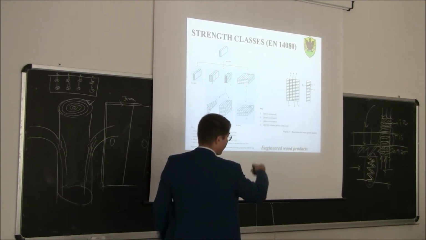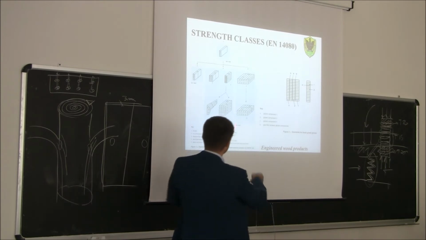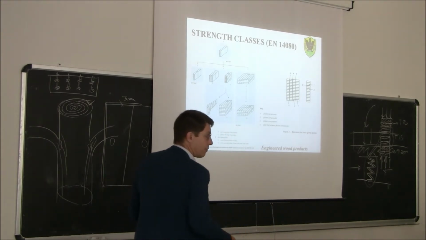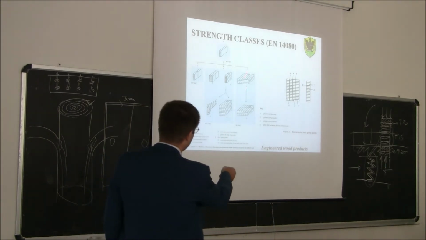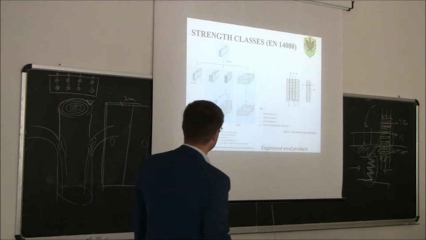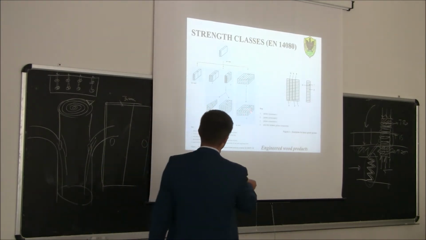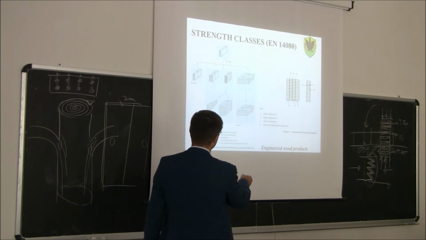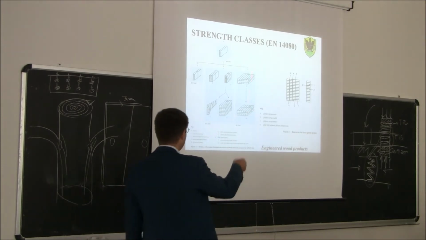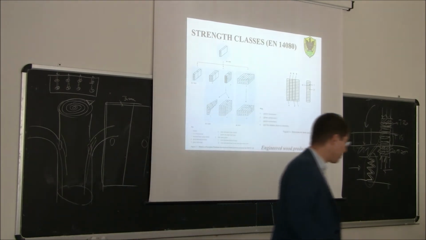Then the adjacent one is running in the perpendicular direction, and then the next one again perpendicular to that, or parallel to the first one. And also in this case, the different cross-lam parts can be finger jointed along the whole cross-section. So this one is called cross-lam, cross-laminated timber.